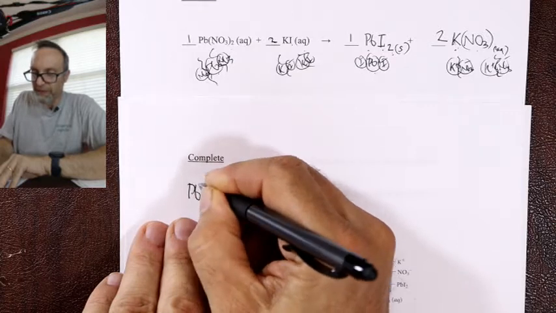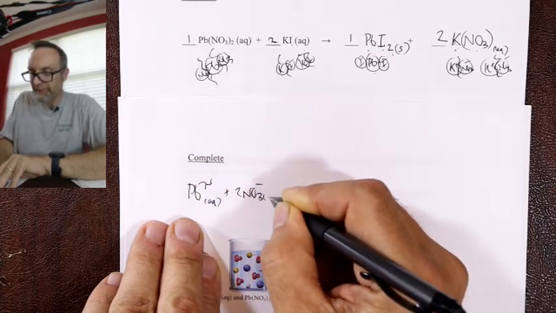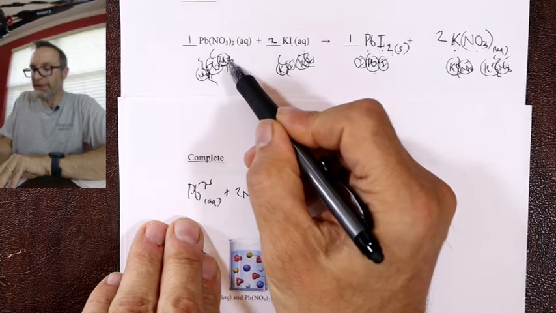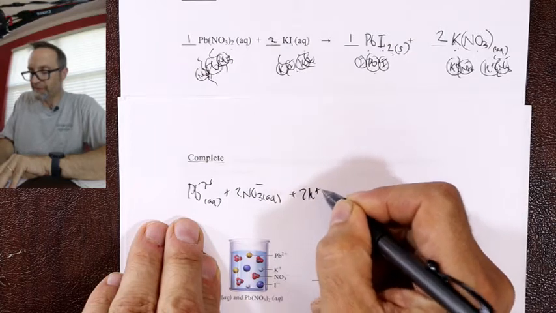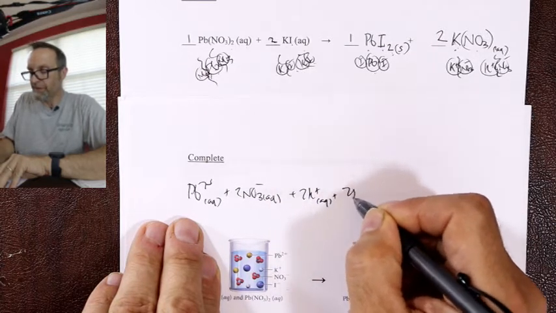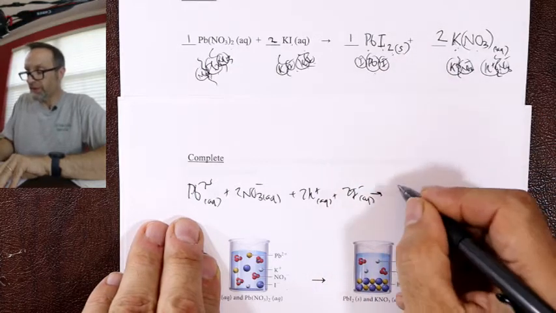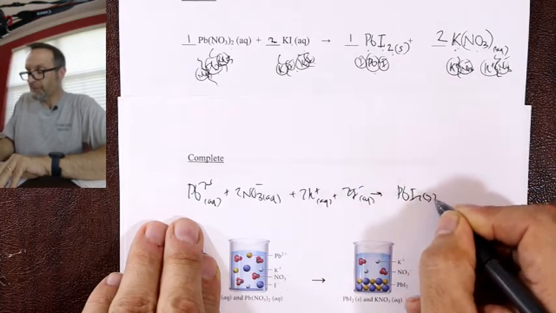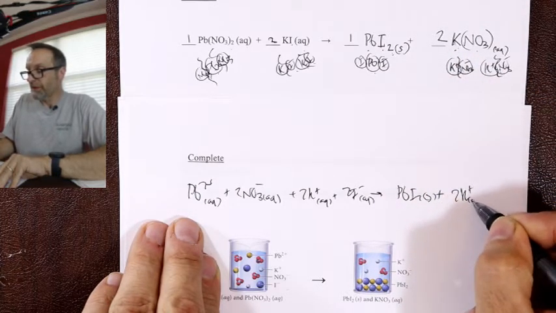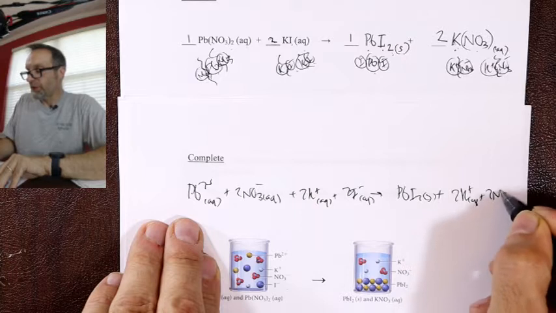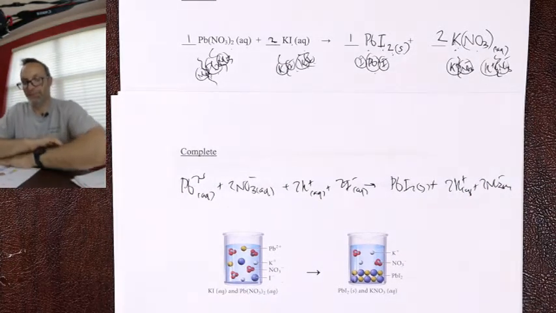So I'm going to have Pb2+ aqueous and 2 nitrates. That's what I got when I split that one apart. And then 2 K pluses, 2 I minuses turns into, that stays intact, it's a solid. 2 K pluses, 2 NO3 minuses. Okay, so that's your complete.